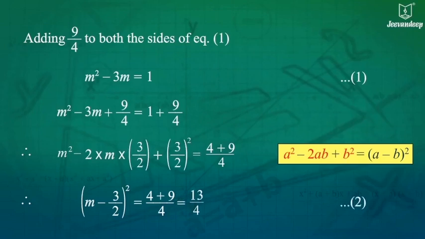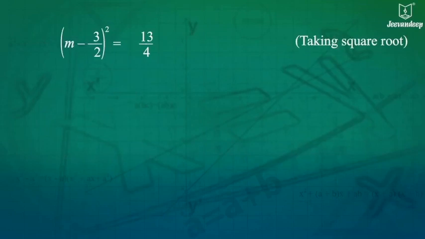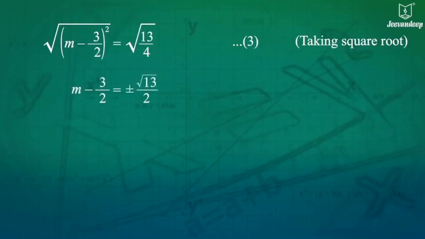Equation 2. Taking square root of this equation, we get equation 3, or m minus 3 by 2 is equal to plus minus root 13 by 2.